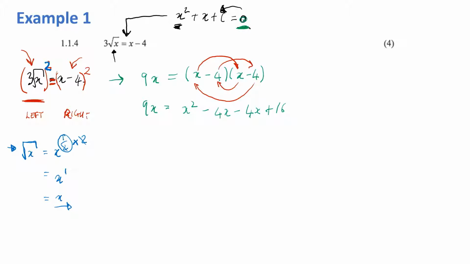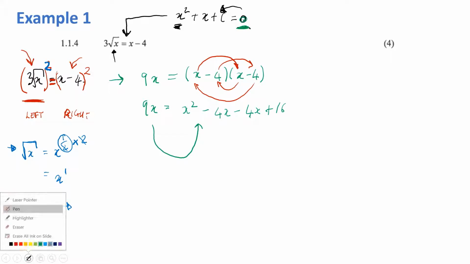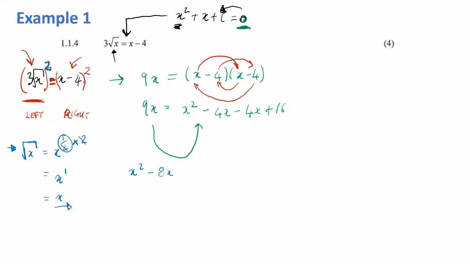Okay, what I'm going to do, I'm going to take this guy over here. So I have x squared minus 8x, it's just these terms together, plus 16. If I take it over this equal sign, it becomes minus 9x, and it equals to 0.